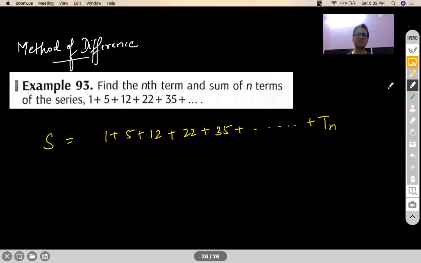Till we know the nth term, we will not be able to apply sigma method of summation. So the most important requirement for you to apply sigma method of summation is to know your rth term, or for that matter, knowing your nth term, right? So in this case, we do not know it. So what I'm going to do is I'm going to write this series again, but one shifted to the right.